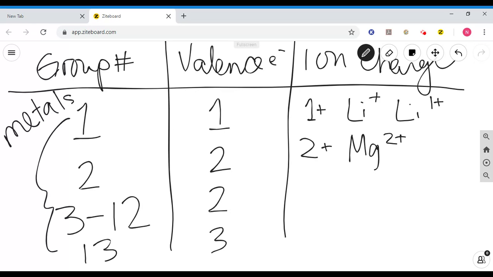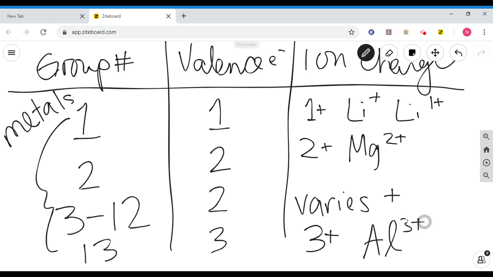The ionic charge for 3 through 12 varies. It varies based on what it is going to bond with, but it's always going to be positive. And then group 13 is going to have a positive charge of 3, like Al 3 plus.